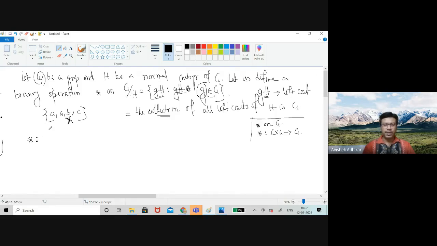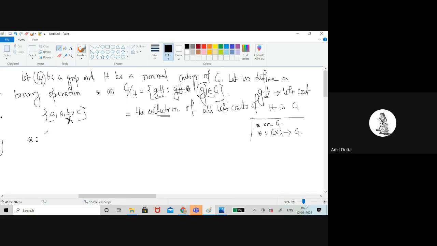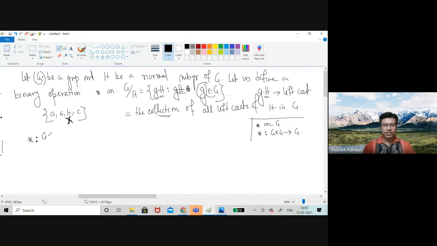So if I ask you the question, define a binary operation star on G quotient H, that means it's a mapping from where to where? G quotient H cross G quotient H to G quotient H. We call this the quotient.